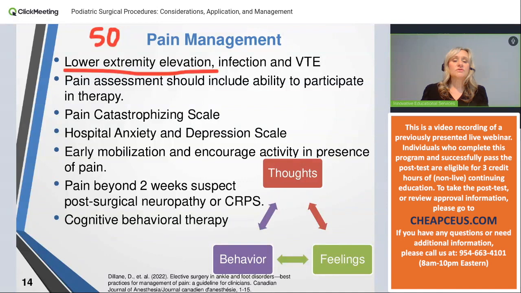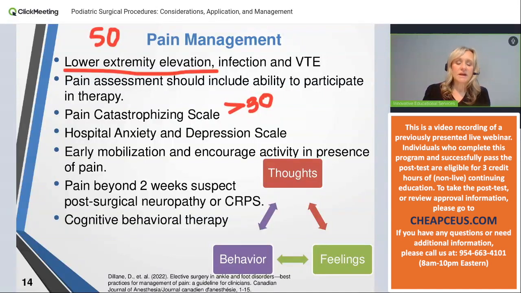The pain catastrophizing scale is something that can be utilized to try and quantify where the patient is at in terms of their pain and how impactful it is for them. What they're finding is a score on that of greater than 30 is something that may warrant additional referral to look at pain management and psychologically how this patient is processing.